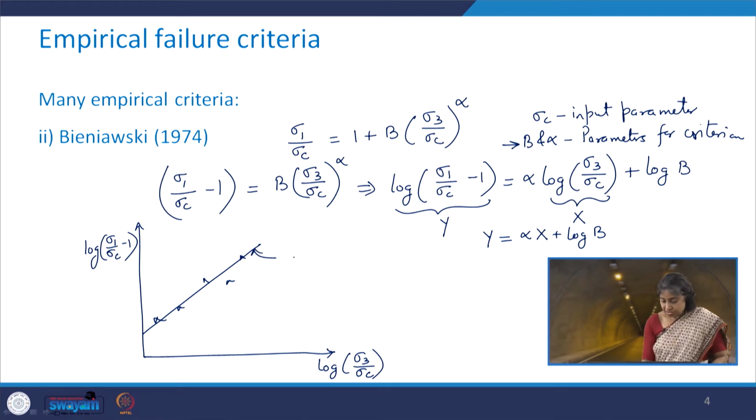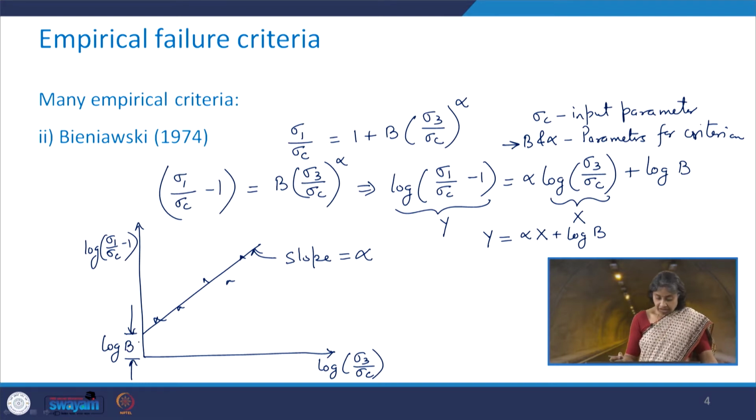So the slope of this line will be alpha, and the intercept on the y axis is going to give me log of b. So this is how we can determine the parameters for the criterion that was given by Bieniawski.